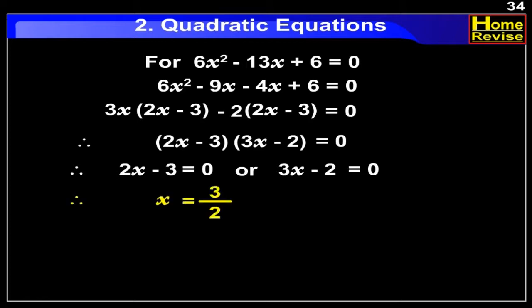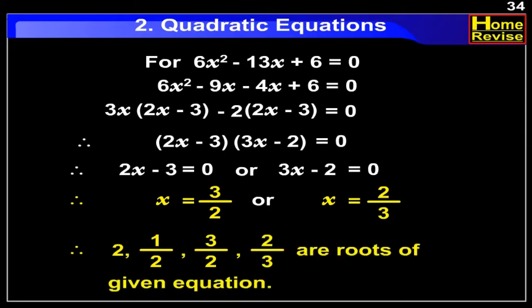Therefore, x is equal to 3 upon 2, or x is equal to 2 upon 3. Therefore, 2, 1 upon 2, 3 upon 2, and 2 upon 3 are the roots of the given equation.